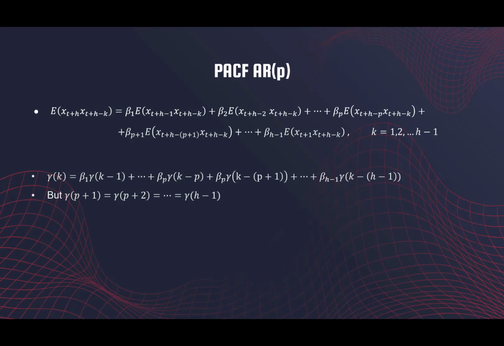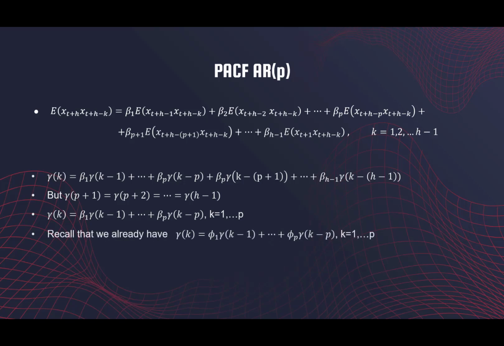But we know this is an AR(p) process. So gamma(p+1) onwards, all of these terms are 0. So what are we left with? We are left with this system: gamma(k) is equal to all of this, k going from 1 to p. So this is a system of p equations and p unknowns. We want to determine beta that will solve this.